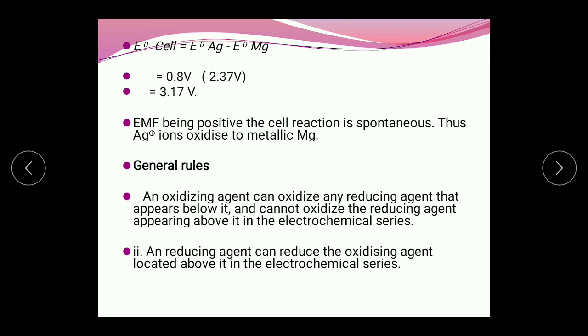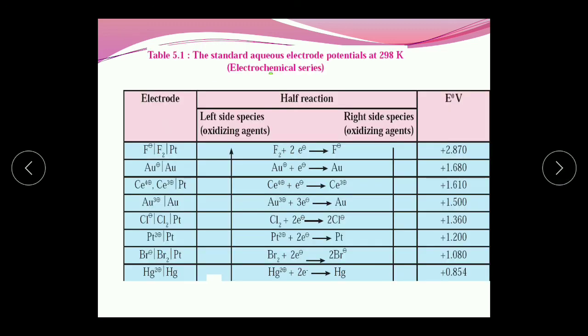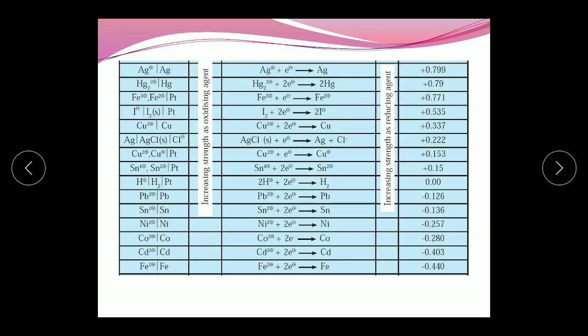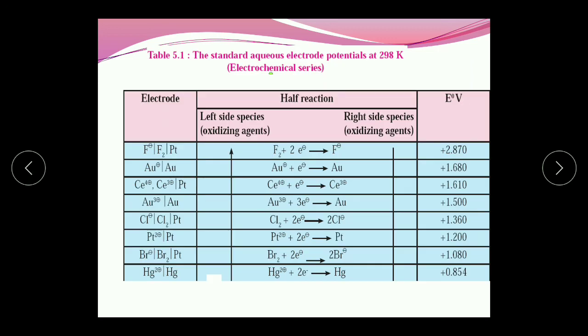So these are the applications of electrochemical series. So this is all about electrochemical series, which is like this. One more look at it and you will understand it in a better way. The one which is located at the upper level, the left side species are oxidizing agents and their strength increases like this.